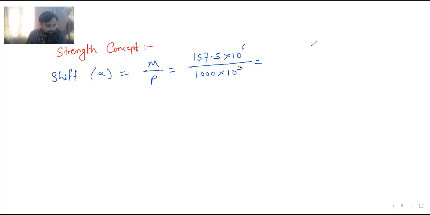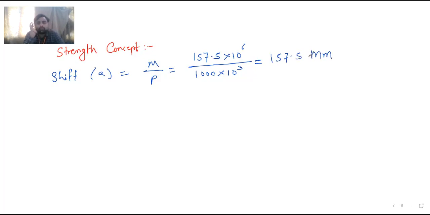The answer is 157.5 mm. So this is the shift.